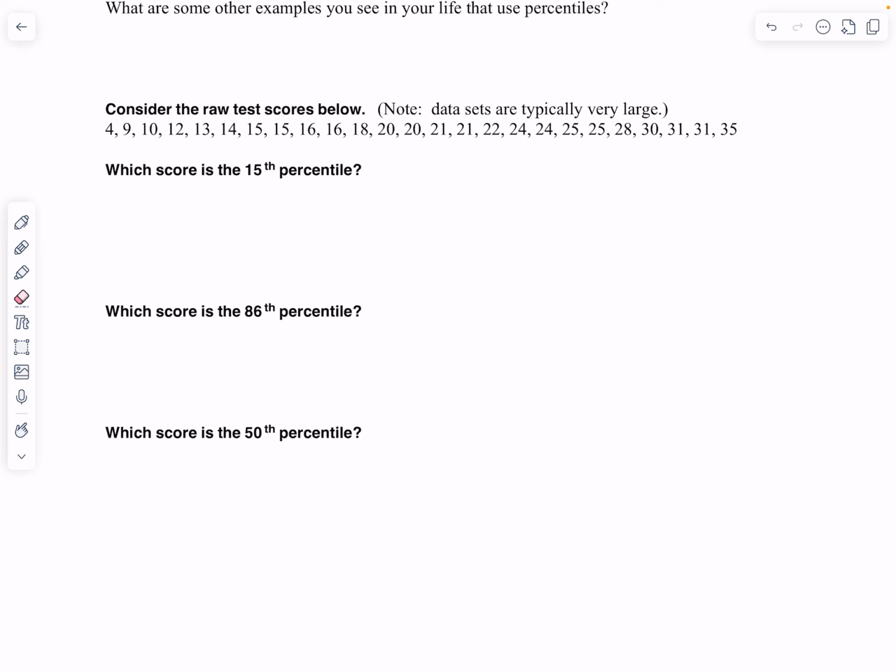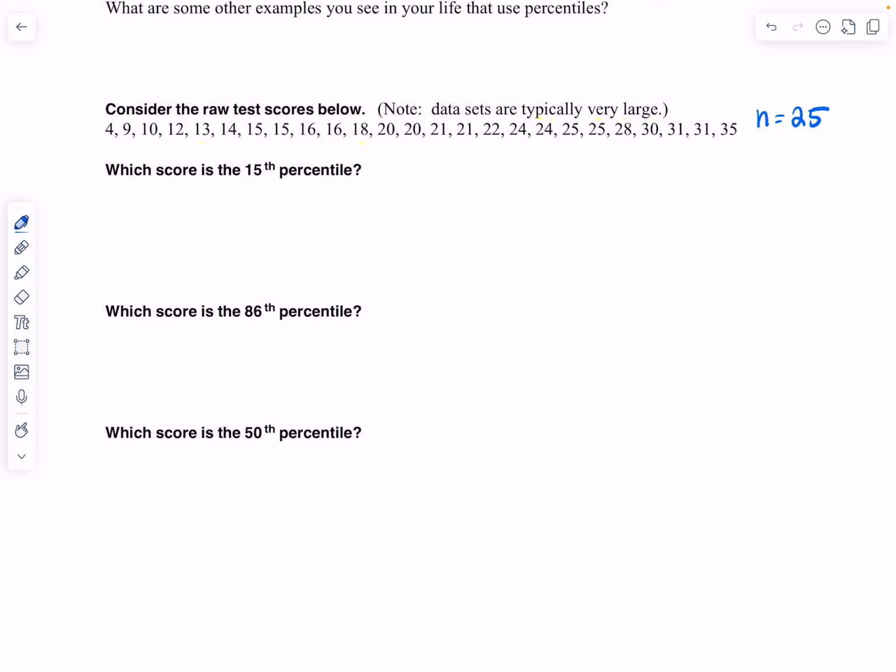Let's figure out how many data points we have. What does n equal? I'm just going to count these. 1, 2, 3, 4, 5, 6, 7, 8, 9, 10, 11, 12, 13, 14, 15, 16, 17, 18, 19, 20, 21, 22, 23, 24, 25. So n equals 25.